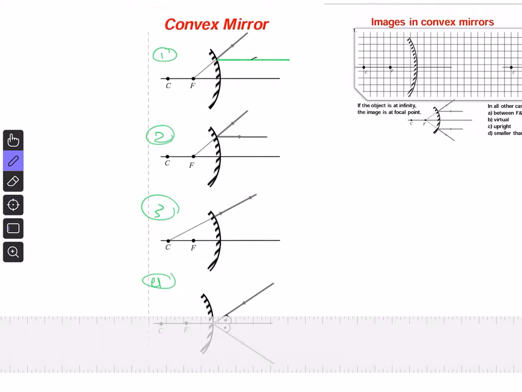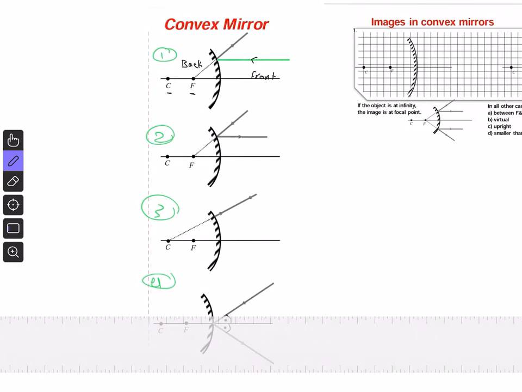First one, if you remember, we said when you send the light straight to the mirror, that is the front side of the mirror, and that's the back side of the mirror, and you know it's curved into the back side. That's why we have the focal point and focal length on this side, and the center on this side also.